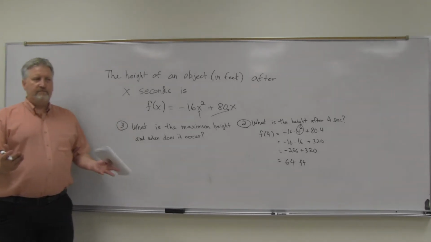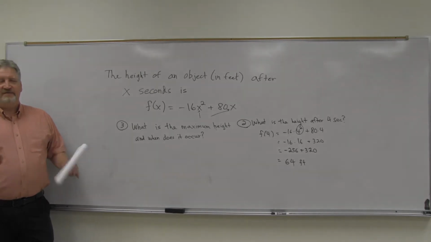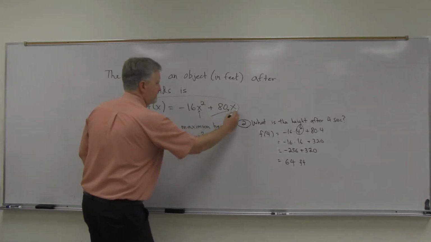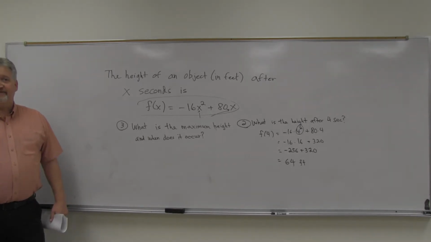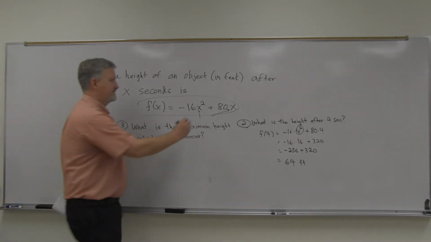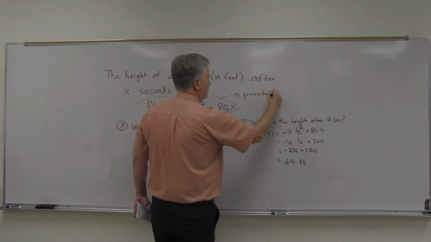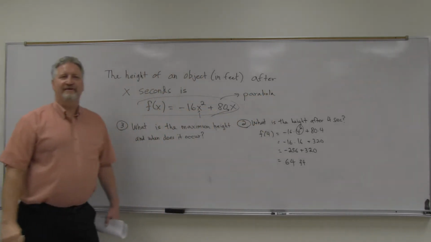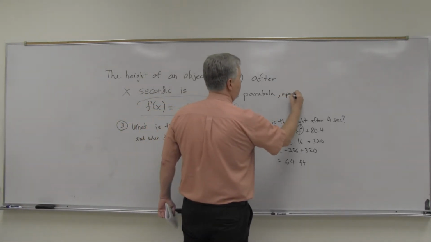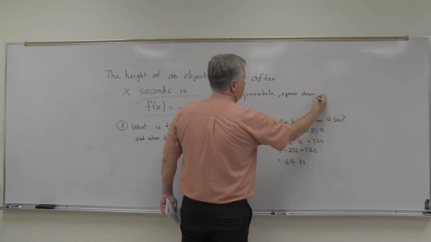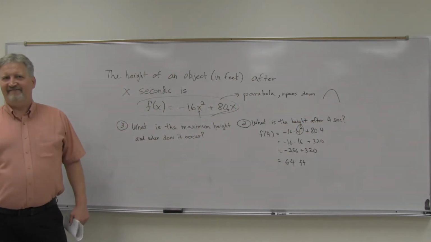Well, the key to this is understanding what we've got going on here. This graph, if I graph this out, what have I got? It's a parabola. And which way does it open? Down. So it's one of these. Where does that maximum occur?